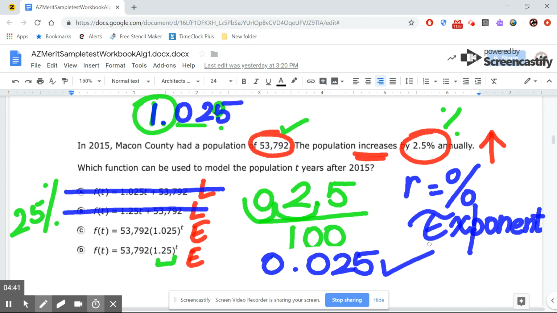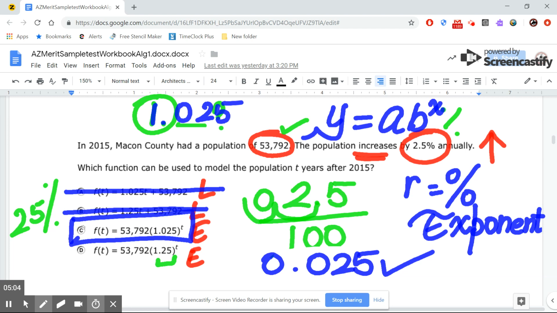Now let us see which option will be suitable for that. Remember the formula for exponential growth or decay is y equals a times b to the power of x. A is the original amount we are beginning with, or the initial amount, b is the rate, and x is the number of years, or t is the number of years here in this question. So I would pick choice C as the best fit for this problem, and I hope it made some sense to you.